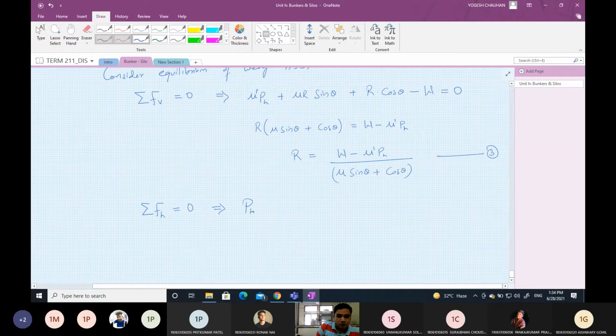So this implies pH plus mu r cos theta minus r sin theta equals 0. So therefore pH is equal to r times sin theta minus mu cos theta.